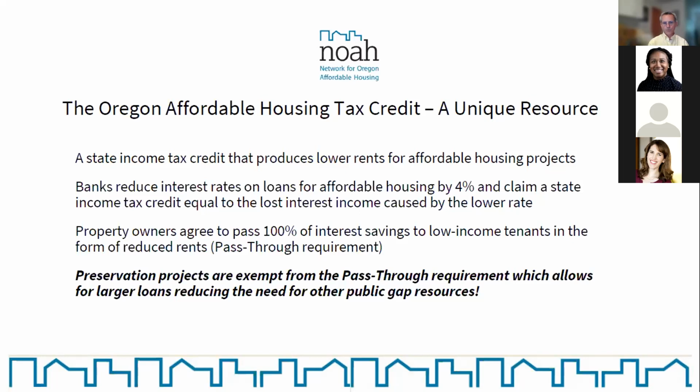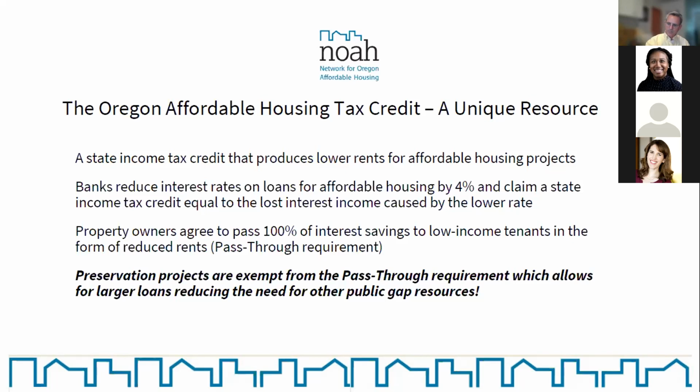It's not sold for equity. It provides a credit to the banks that participate in the program. And in exchange for the tax credit, the banks agree to reduce the interest rates on their loans by up to 4%. And then the tax credit is used to offset their lower interest rates, the revenue.